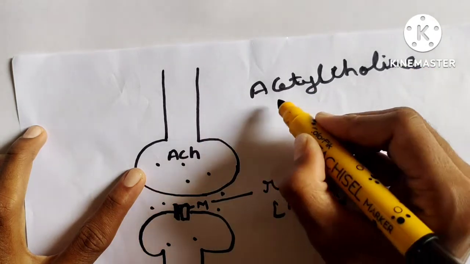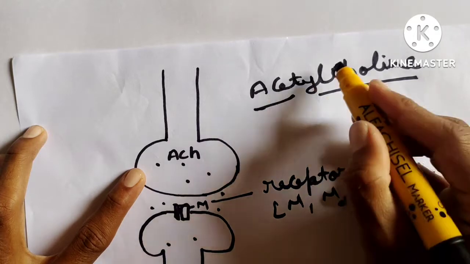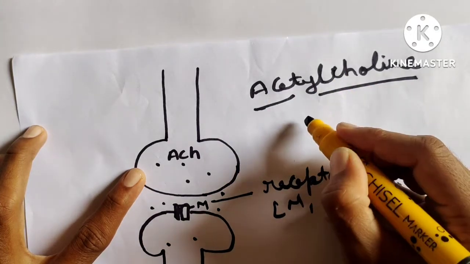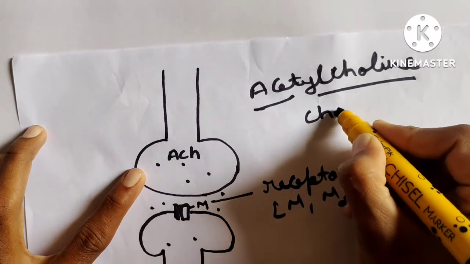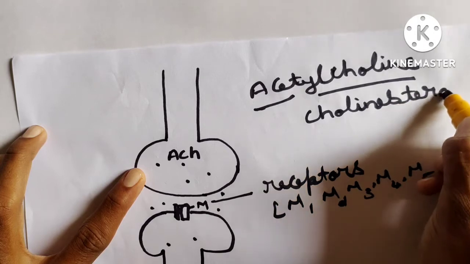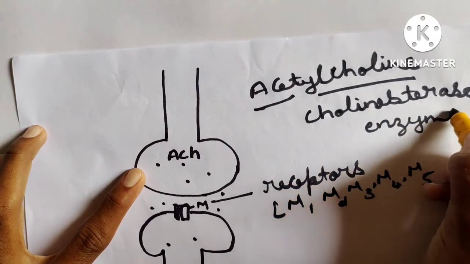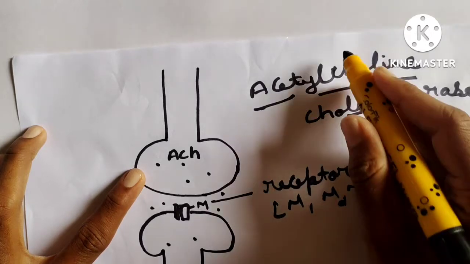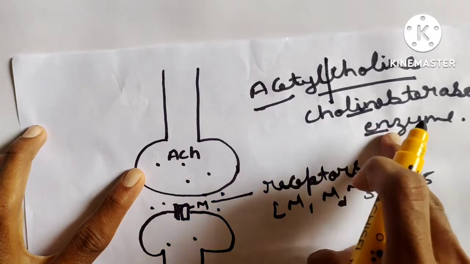See, I have told you, acetylcholine is maintained without breaking with the help of the acetylcholinesterase inhibitors. The enzyme acetylcholinesterase would break down this acetylcholine, but this enzyme is inhibited with the help of the acetylcholinesterase inhibitor.